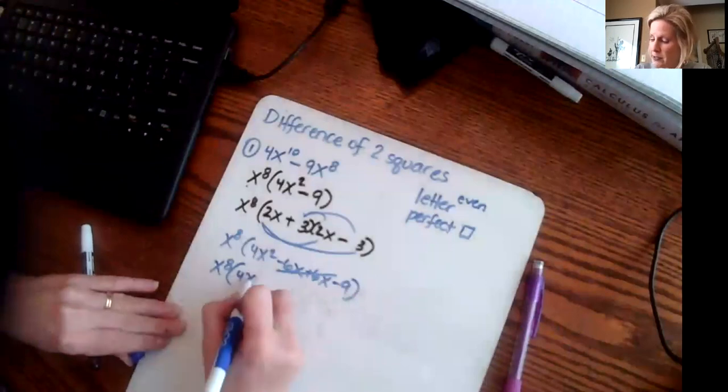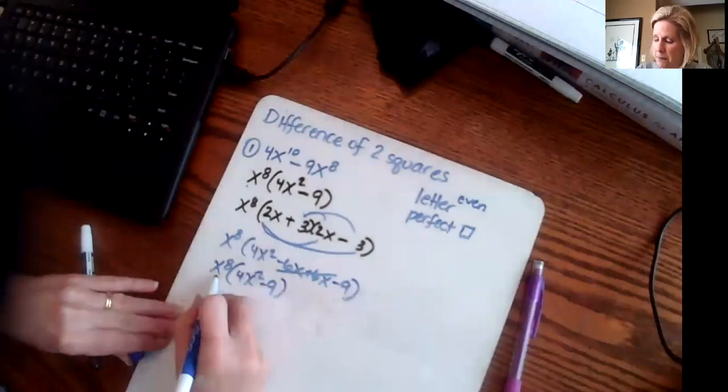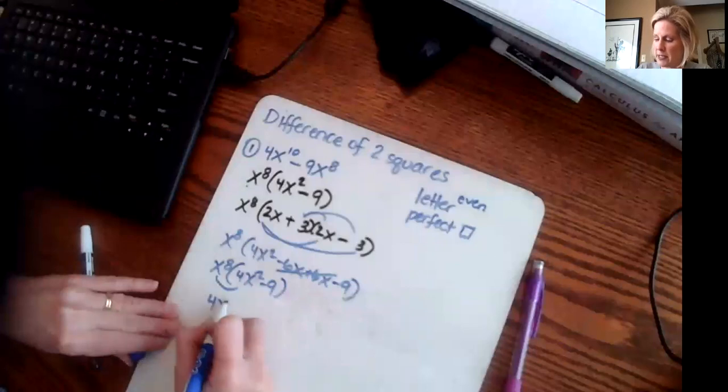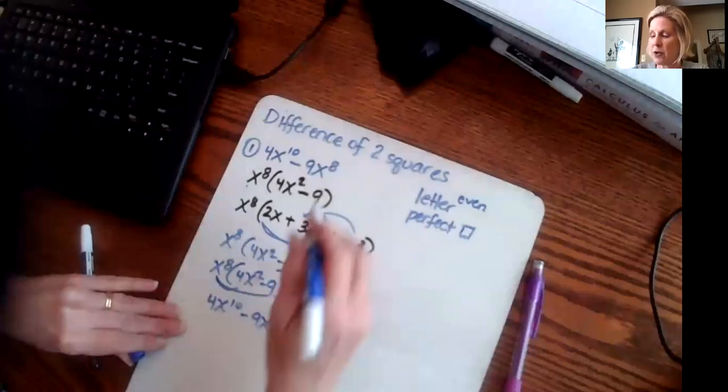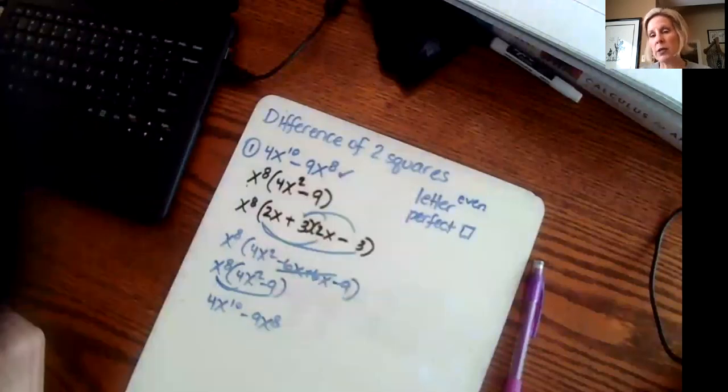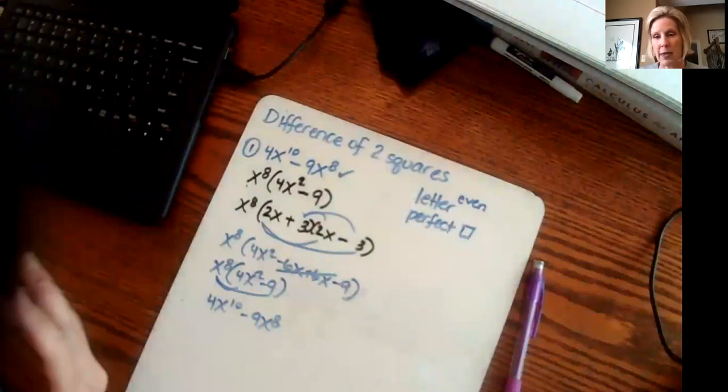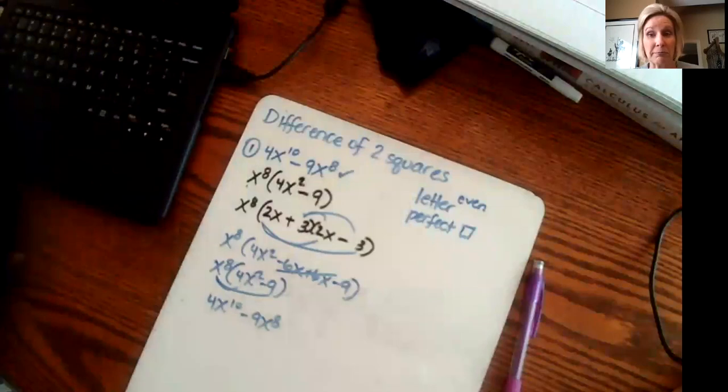So now it's 4x squared minus 9. That's going to be 4x to the 10th, and that's going to be minus 9x to the 8th. And sure enough, that equals what you started with. So again, anytime you're factoring, if you want to check your work, multiply it back out, and that'll give you the original answer. If you're doing it right, of course.